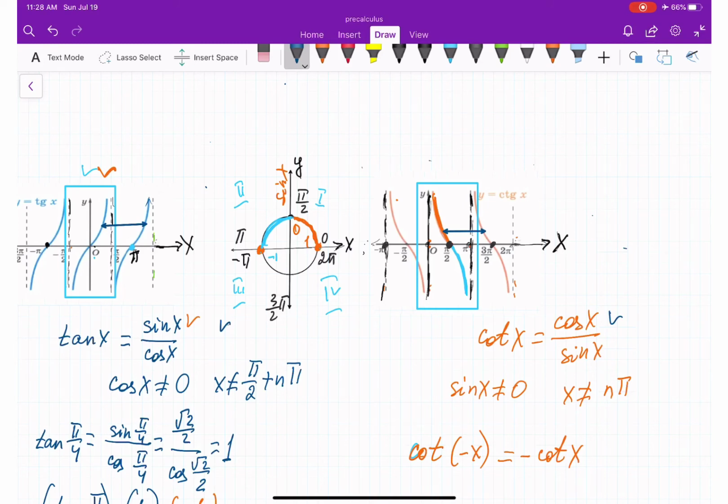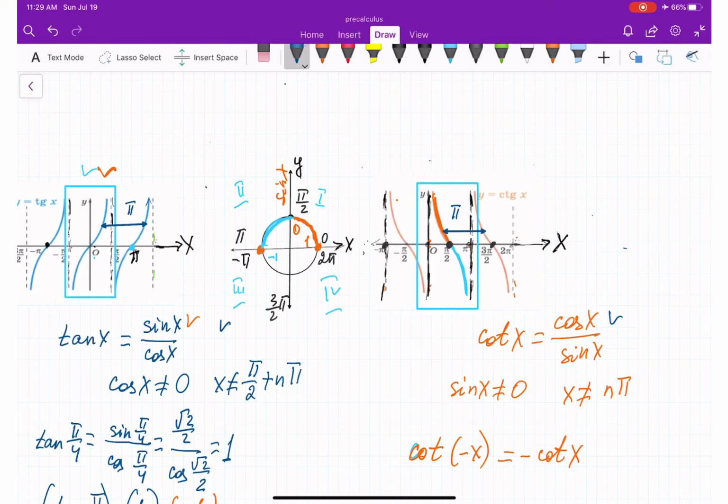Okay, so 0 is going to be from half a pi plus n times pi. So that's going to be your 0. All right, what else do we have? Period. Period, we know it's a pi. Let me write down for tangent also pi. Okay.